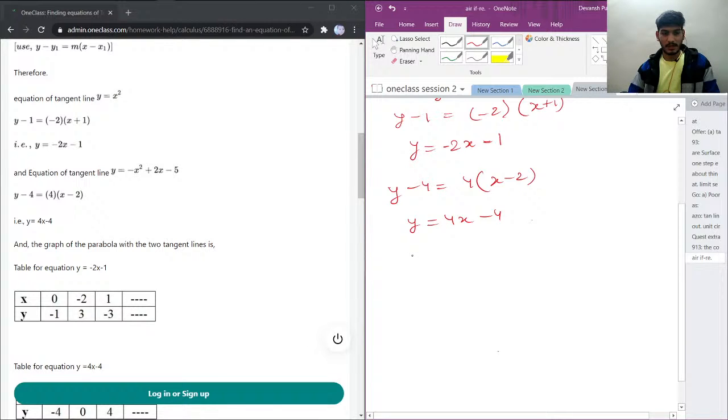And the graph of the parabola with two tangent lines is, so the table for the equation y equal to negative of 2x minus 1, we have coordinates 0, negative 2, 1, and negative 1, 3, negative 3.